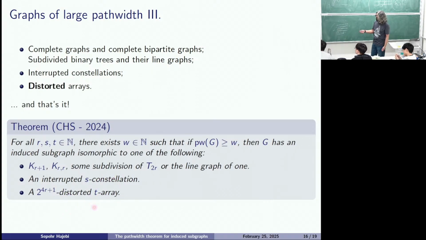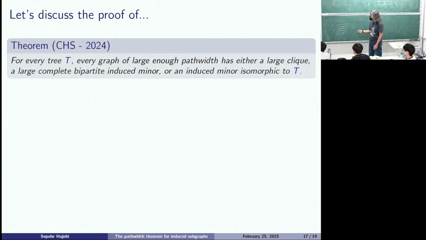The arrays do contain large induced minors, because it's obvious from the definition, and complete bipartite graphs themselves are just complete bipartite induced minor models. So this theorem implies that every graph of sufficiently large pathwidth contains either a large clique, or a subdivision of a large binary tree or the line graph of one as an induced subgraph, or it contains a big complete bipartite induced minor.